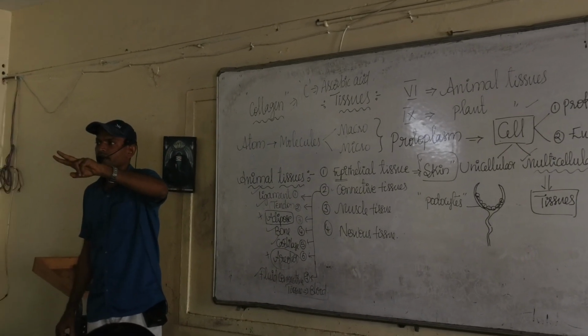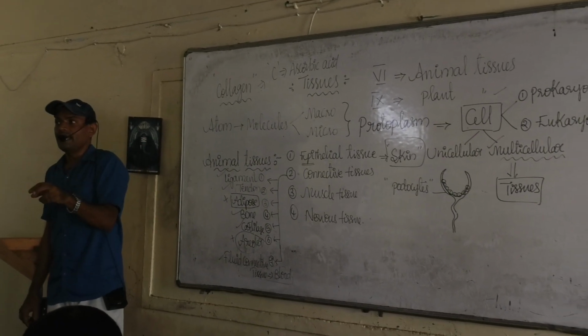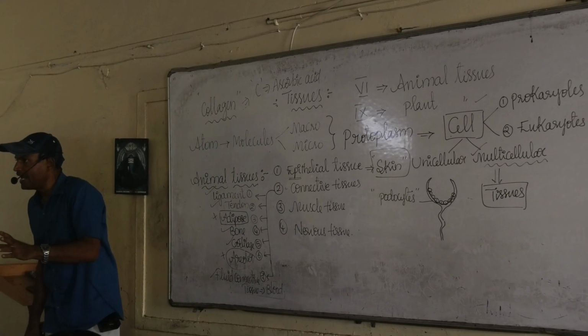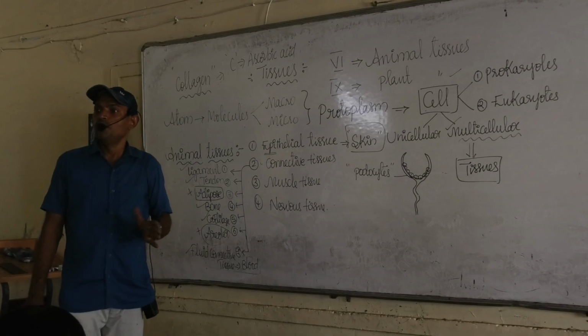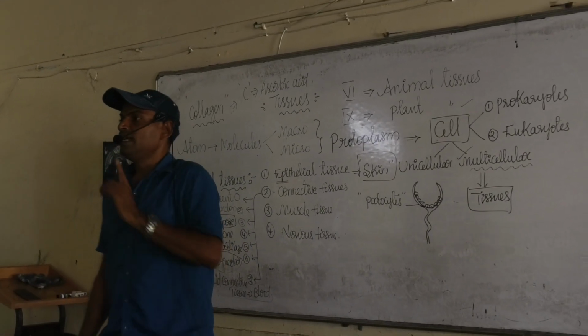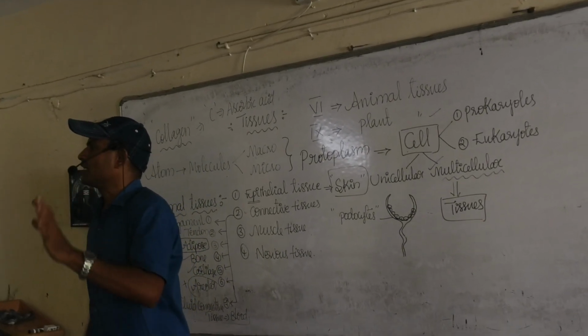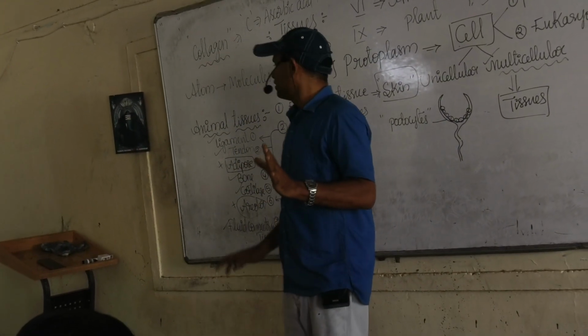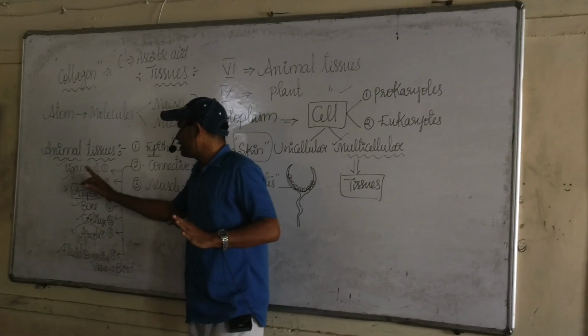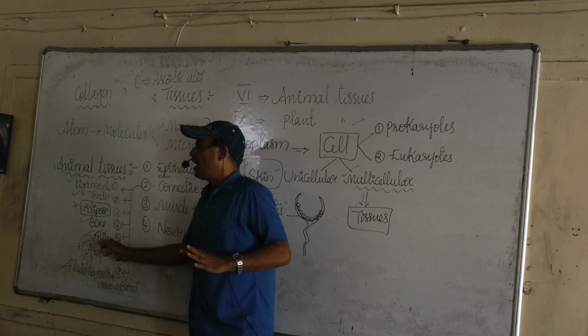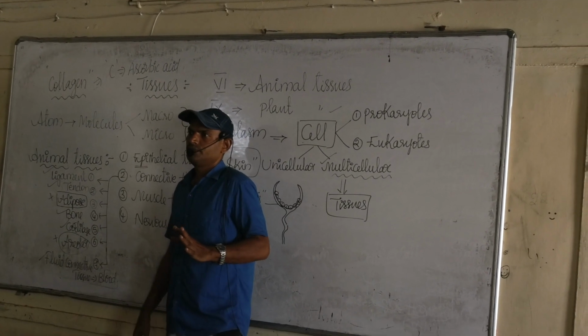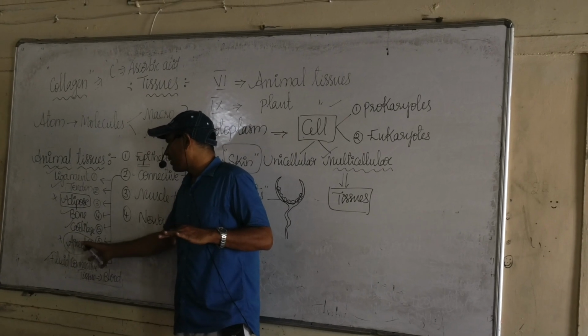So see the question: bone salts are calcium carbonate and calcium phosphate; bone minerals are calcium and phosphorus. Okay, right. So this is about the ligament, tendon, bone and cartilage. The next one is what?